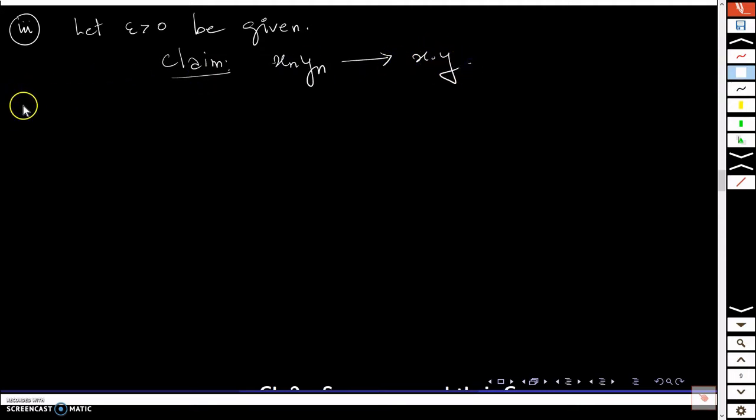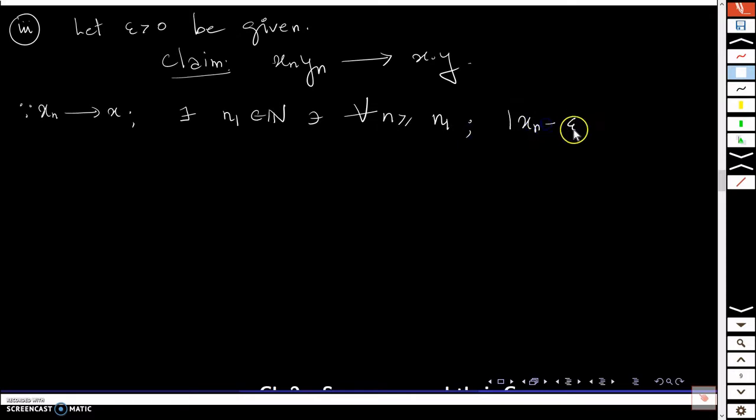Right, so we are given that xn converges to x and yn converges to y, so let's make use of those conditions. Since xn converges to x, by definition, for epsilon positive, I can find a natural number n1 such that for all n bigger than or equal to this n1, xn minus x will be less than epsilon.